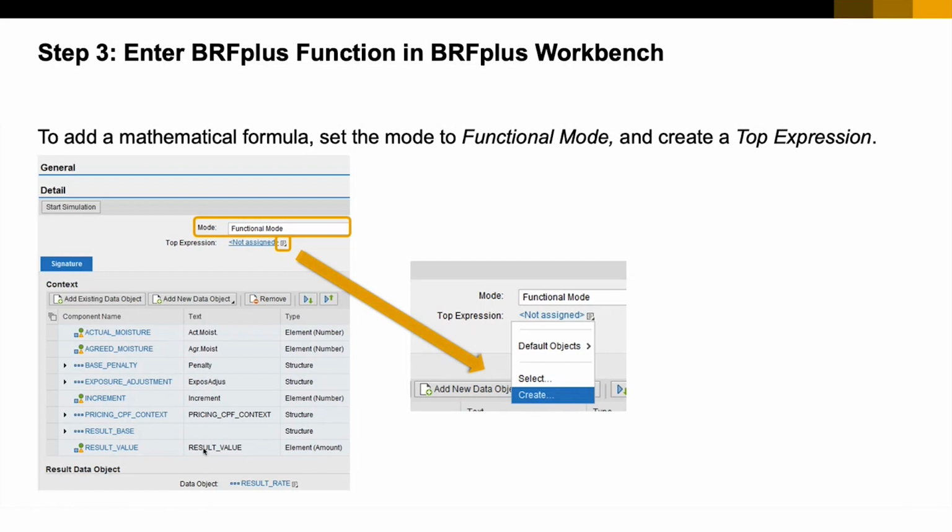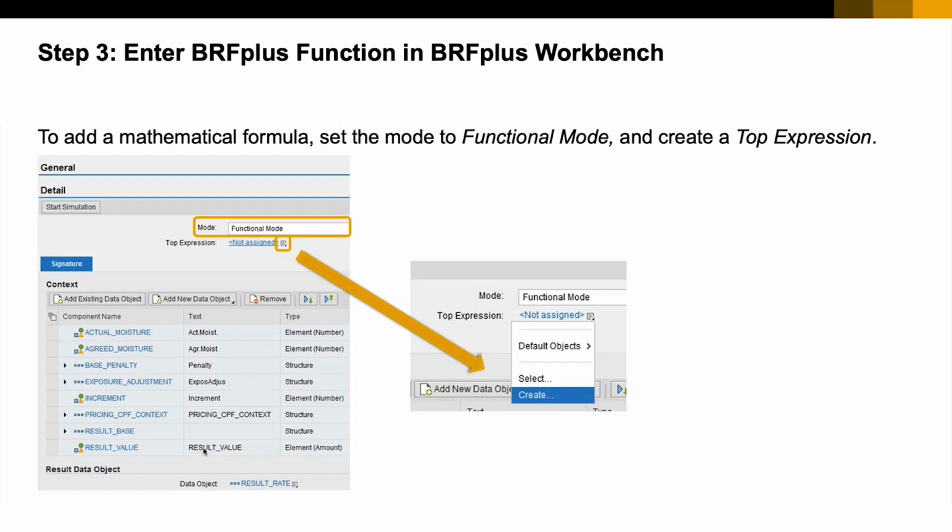Yep, and just to add to Nikhil's point, it is very important that whenever you declare the component names like actual moisture, agreed moisture within BRF Plus, the names match the ones that you define in the CPF. If it's different, then the system would not recognize which field data needs to be passed to which one, and then you have to do a mapping at the CPF screen.